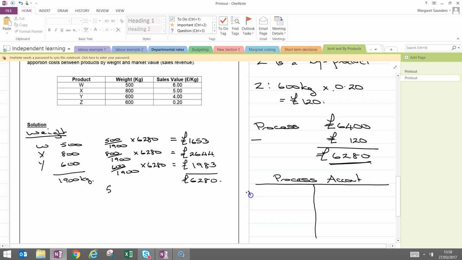So on the debit side would be our process costs, £6,400, and on the credit side we record our output.